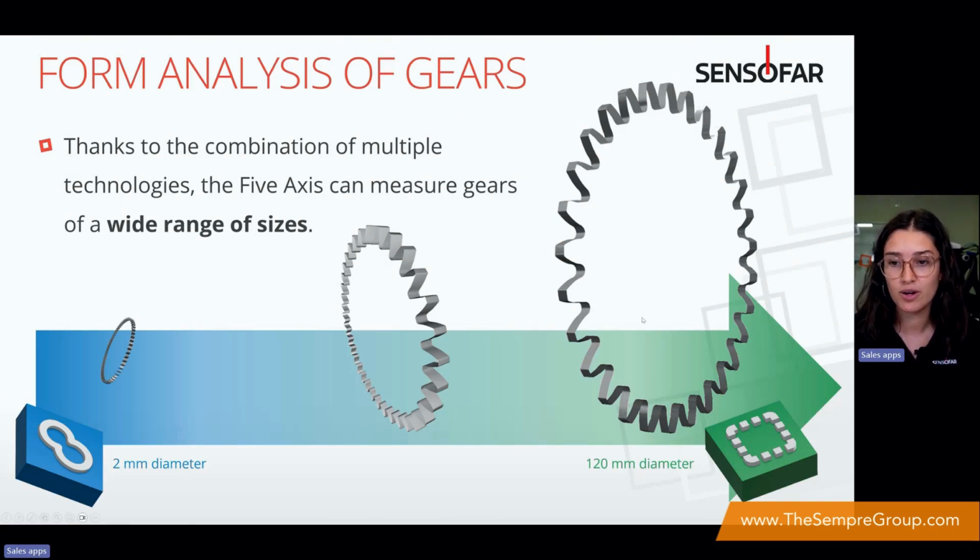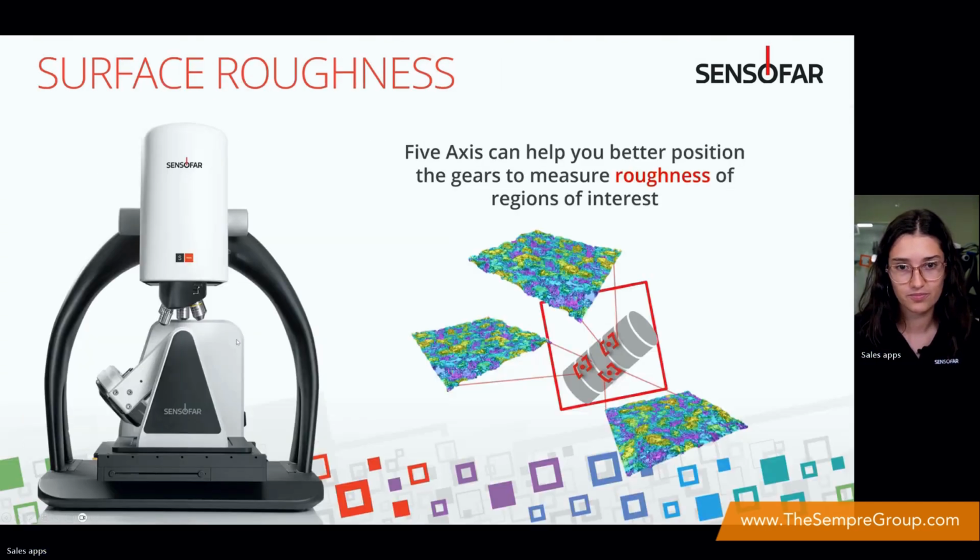For example, with focus variation, we have been able to measure a gear with a diameter of 120 millimeters, but we have also been able to measure a small gear down to 2 millimeter diameter with confocal.